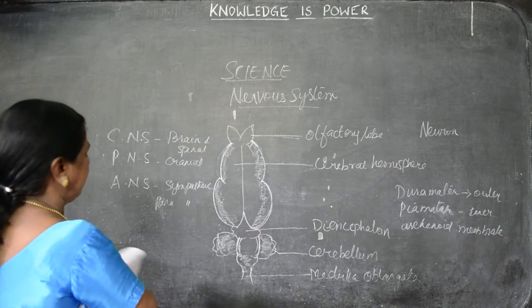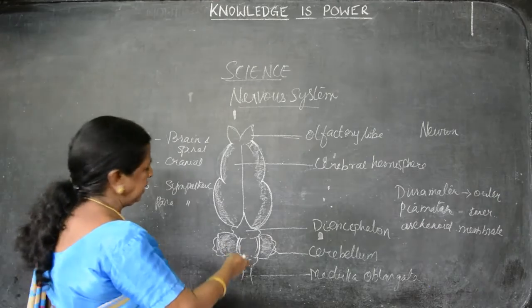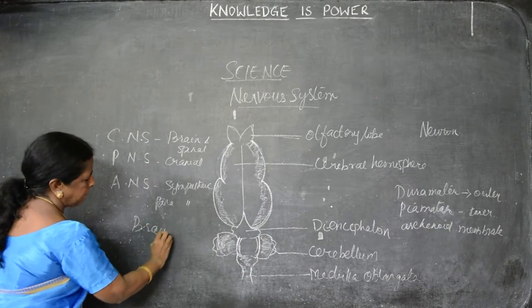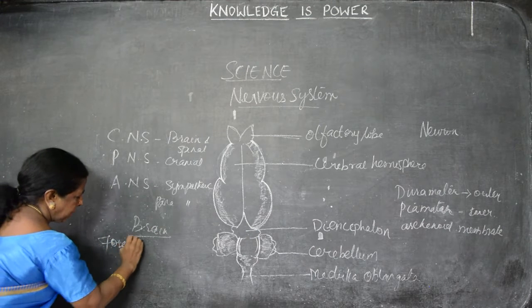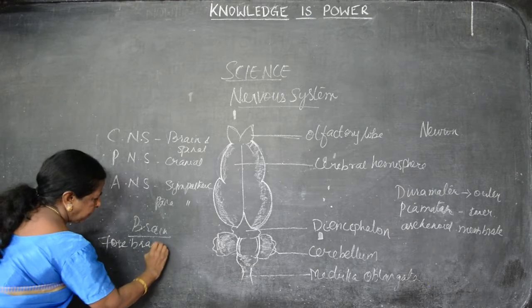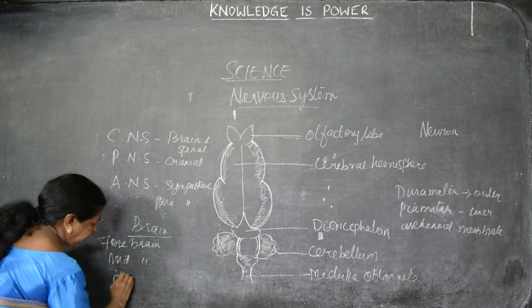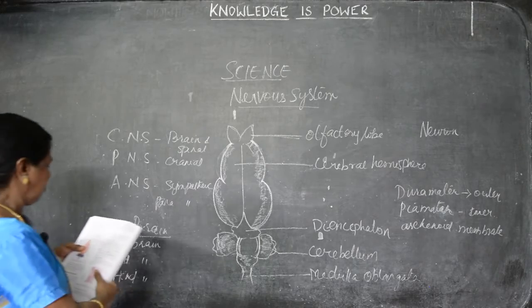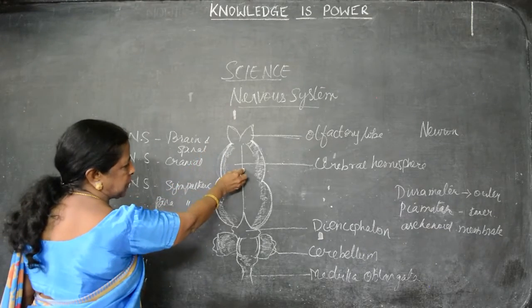Further, the brain can be divided into three. What are the divisions of the brain? Forebrain, midbrain and hindbrain. In the forebrain you can see olfactory lobes, cerebral hemisphere, diencephalon.